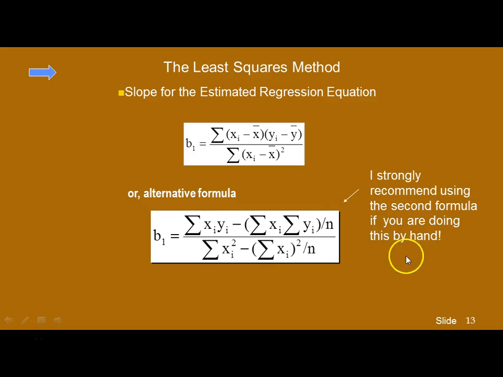I recommend the second formula if you're doing it by hand. You'll need to just calculate a lot of sums. You'll need to sum the x's, you'll need to sum the y's. This is what we've called before the cross product term, multiply xi times yi and add it up. You'll need to square the x's and add them up, and this term is summation x quantity squared.